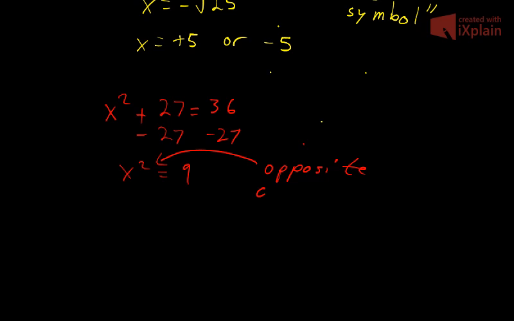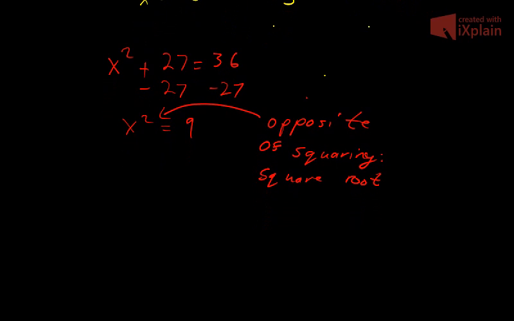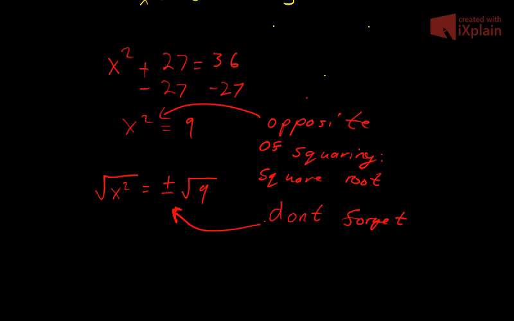The opposite of squaring is going to be the square root. And we know that when we do that, we're going to need to square root x squared equals plus or minus the square root of 9. And this plus or minus part is going to be very, very important. Don't forget this, because otherwise you only have half the answer.